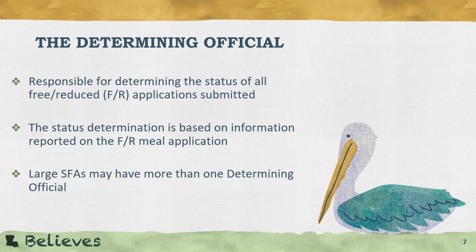The determining official is responsible for use only sections of the application, which will be discussed on a later slide. Larger SFAs may have multiple people designated for the determining official role. Many schools will allow the manager for each school to be the determining official for all applications coming into that particular school.